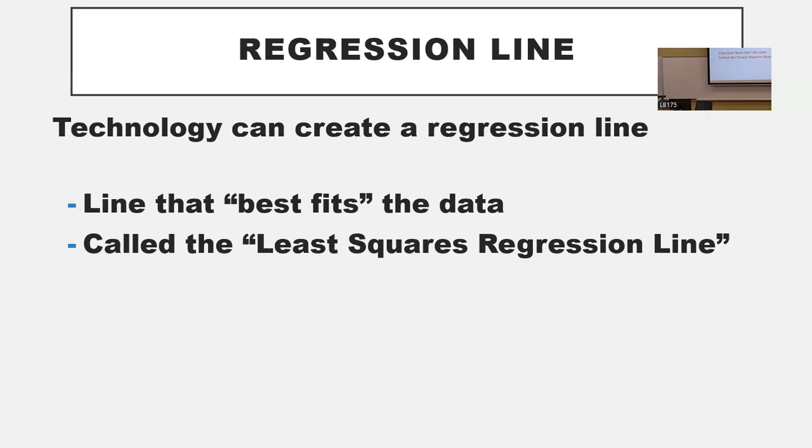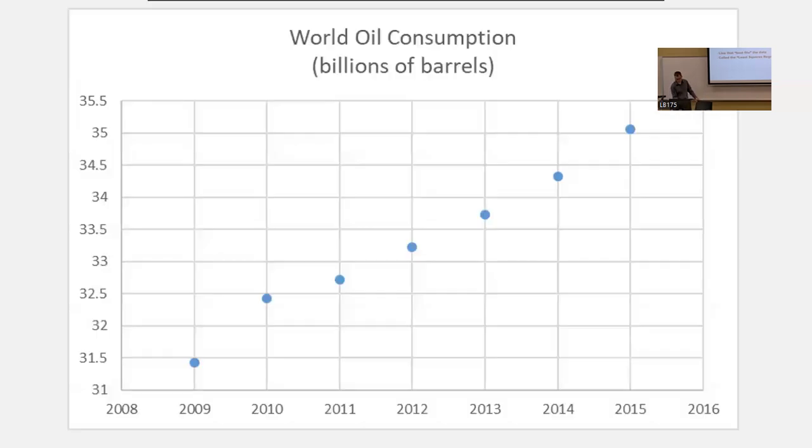A regression line is the line that best fits the data. In mathematics, we also call that a least squares regression line. I'll talk about what the least squares is referring to in a little bit. But it's the line that best fits the data.